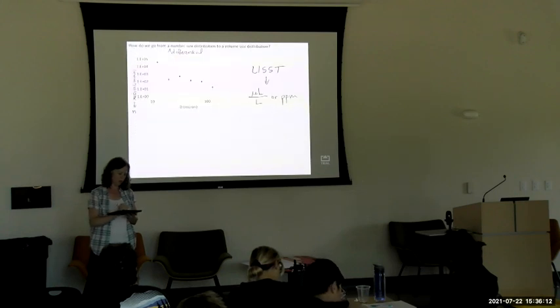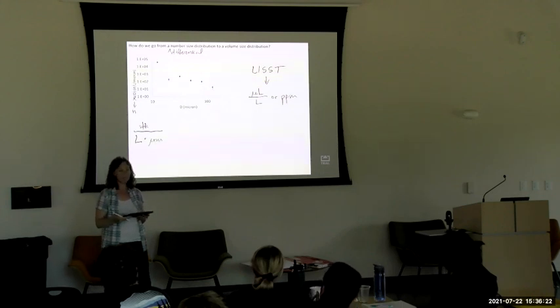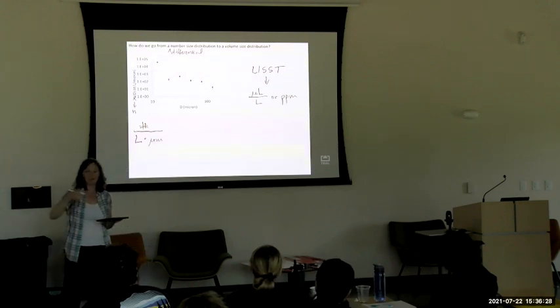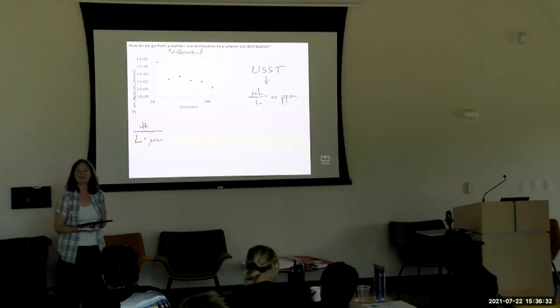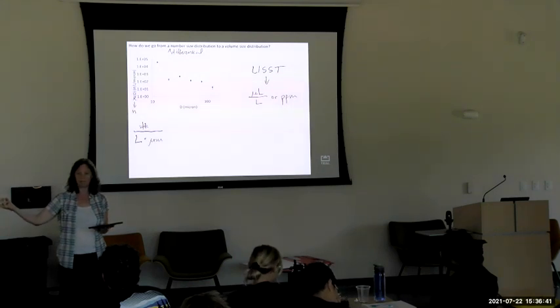Our differential number size distribution is particle numbers per liter of water per micron bin width. How do we go from one particle to the volume of that particle? So we know we have one particle, we want to know what its volume is.